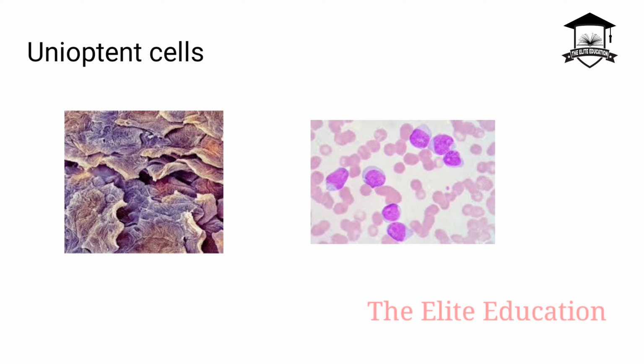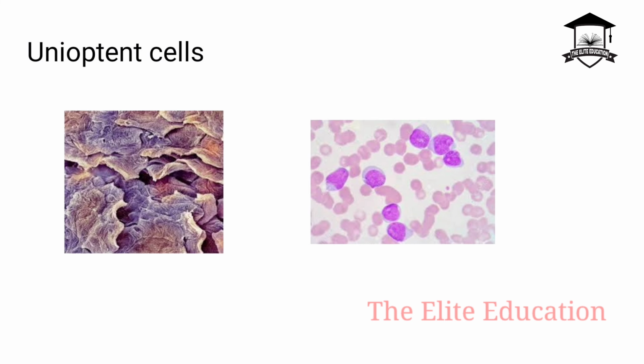The first image is an electron microscope picture of skin, showing how skin cells actually look under an electron microscope. Okay, so that is all about the types of stem cells based on their potency.